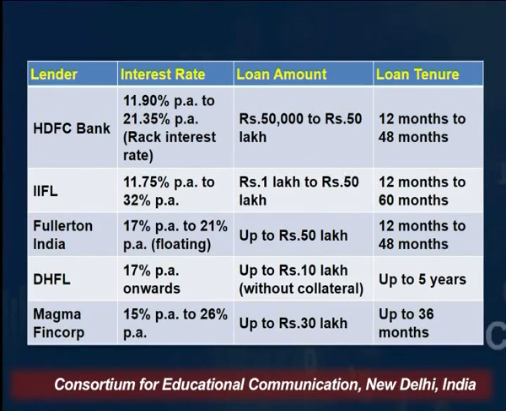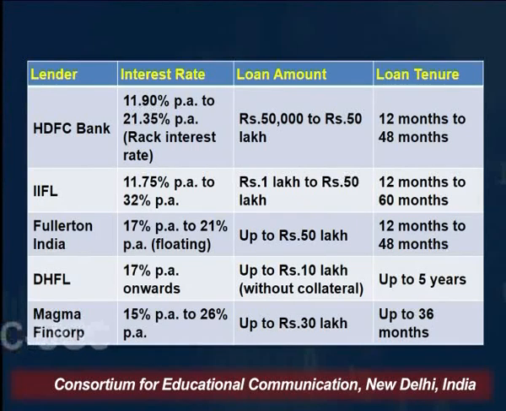Compared to this, IIFL's interest rate starts from 11.75% per annum to 32% per annum. The amount of the loan is rupees 1 lakh to 50 lakhs and the tenure of the loan is between 12 months to 60 months.